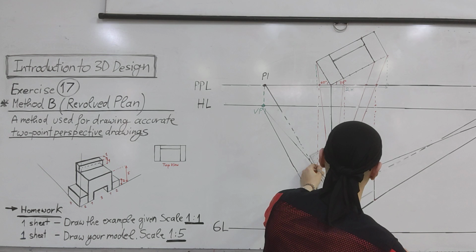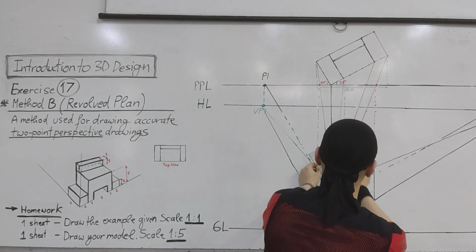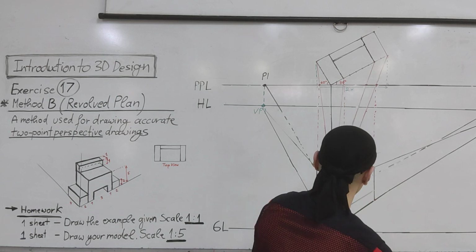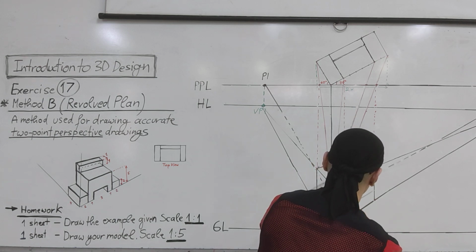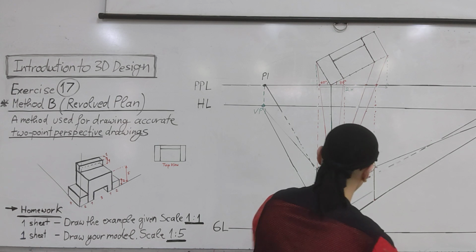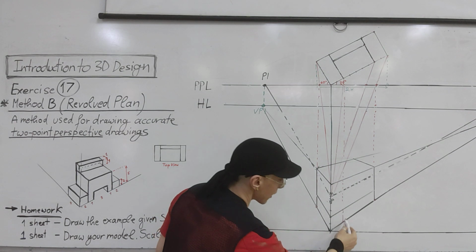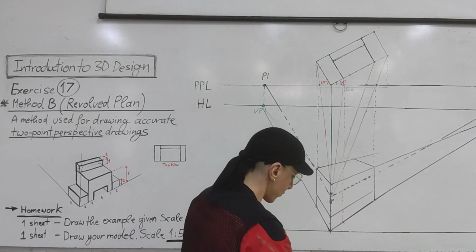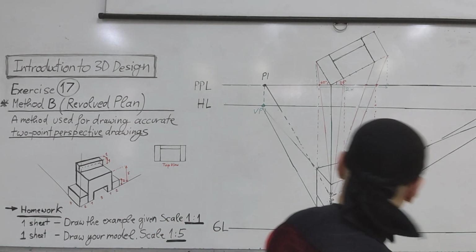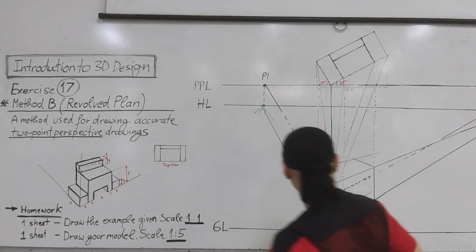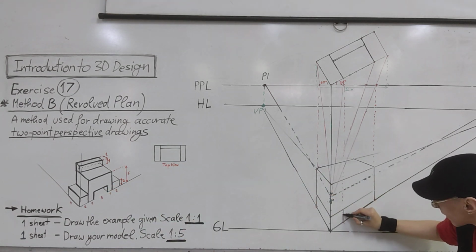This method you will use a lot, especially if you're an interior designer. So, very important. So, from this point, when we take a straight line down until here, where it will cross, this is the place of this line, okay? So, this is here the line.